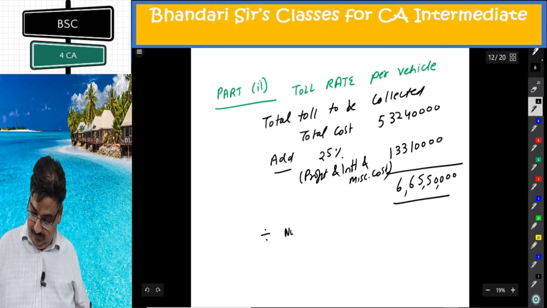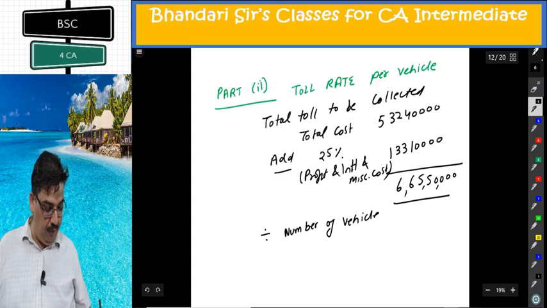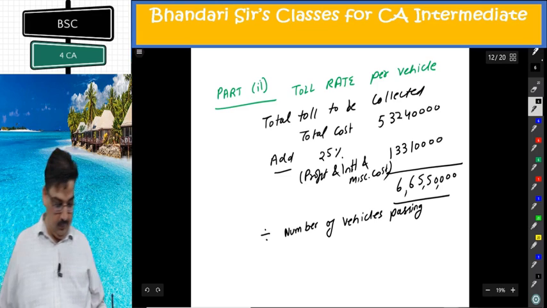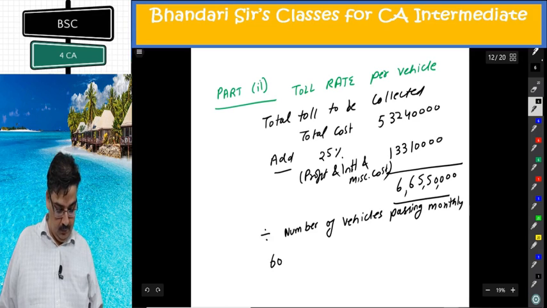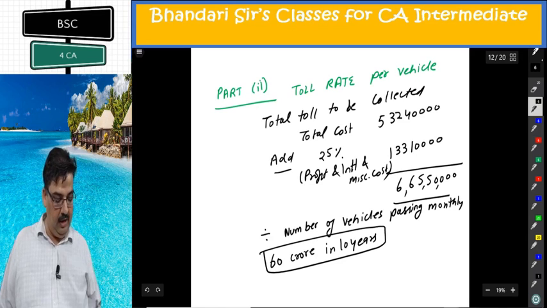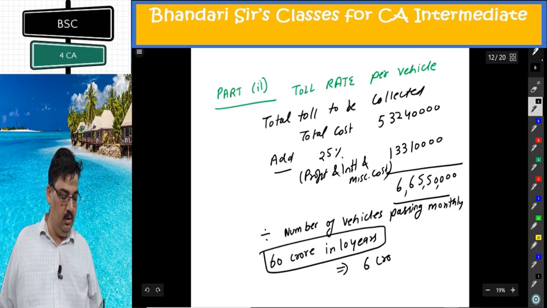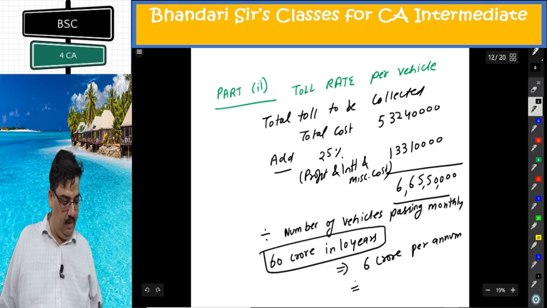Divide by the number of vehicles passing monthly, because all cost is monthly. 60 crore vehicles in 10 years implies 6 crore per annum, implies monthly 50 lakh.